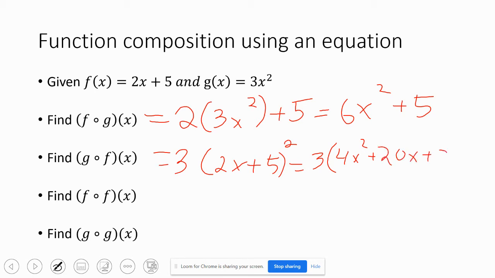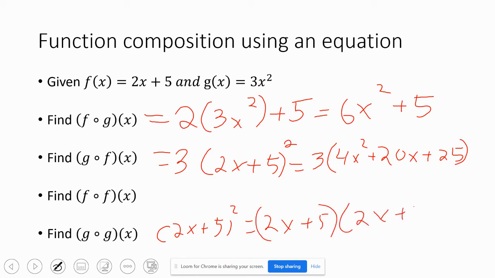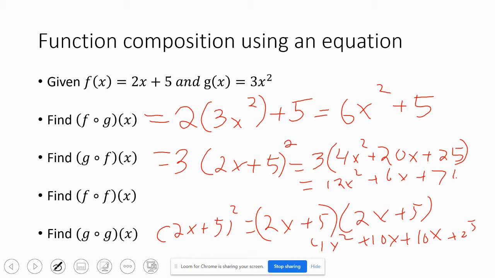The way I got that was 2x plus 5 squared equals 2x plus 5 times 2x plus 5, which is 2x times 2x is 4x squared, plus 10x, because 5 times 2x twice, and 5 times 5, which is 25. Finish simplifying, that'll be 12x squared plus 60x plus 75.